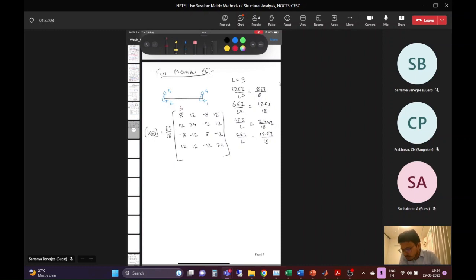Okay, the most important part is the force vector. Till this part it is clear.